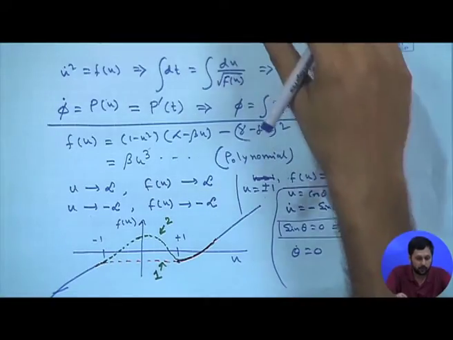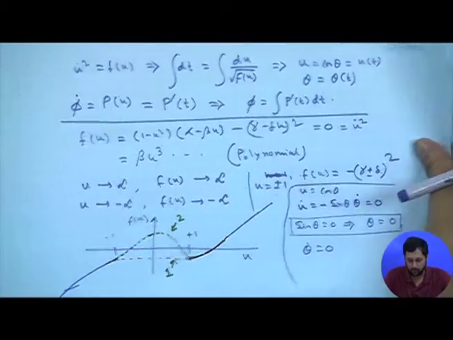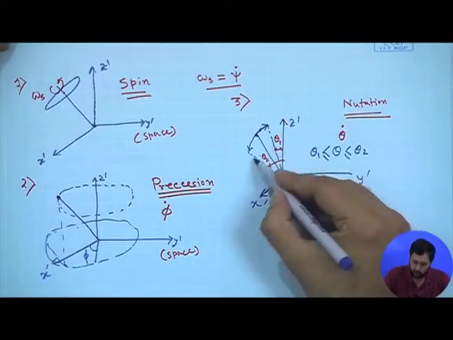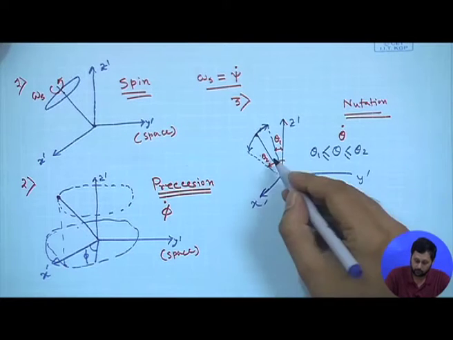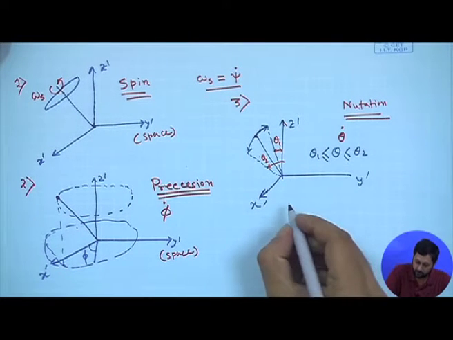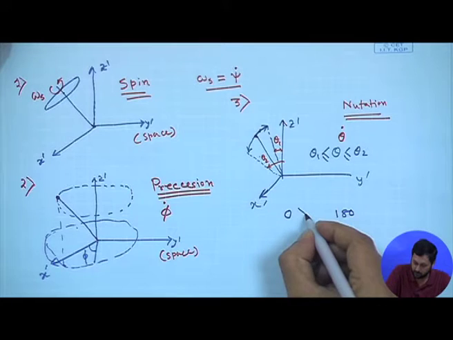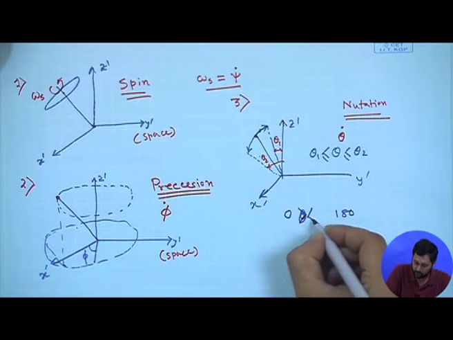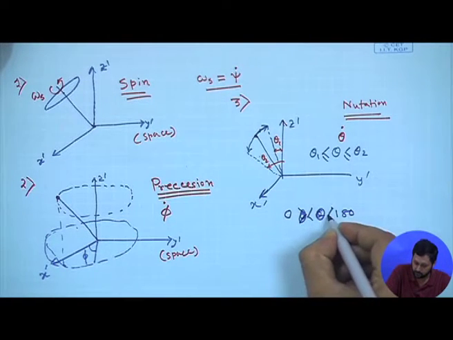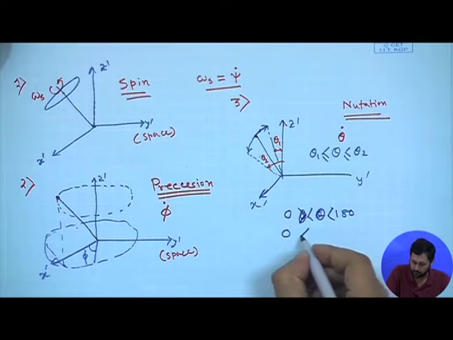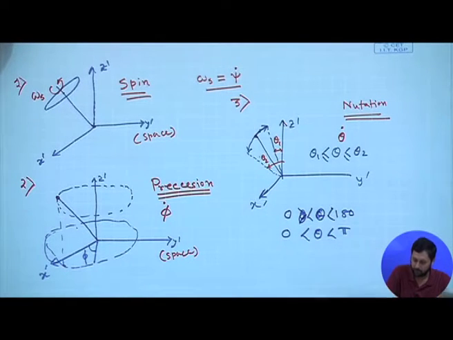Okay. So, now let us come back to this once again. What is the physical range of cos theta or of theta? Theta can vary between 0 and 180 degrees, right. So, theta has to be within this range, that is to say 0 < theta < pi.